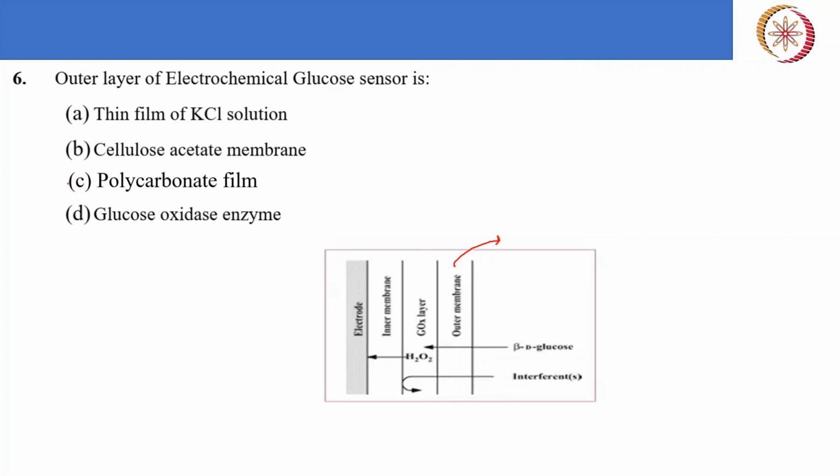So the answer is C, the polycarbonate film. The middle one traps the enzyme, and the inner one is permeable for hydrogen peroxide, and it can go to the electrode surface.